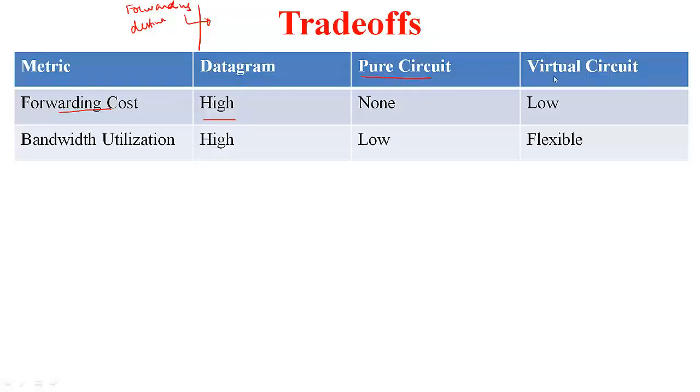In virtual circuit switching, this cost can be very low because you are now going to look only at the connection table. So the address lookup in the forwarding table was done as part of the connection setup itself. These costs do not arise as part of the packet forwarding; they happen during the connection setup.